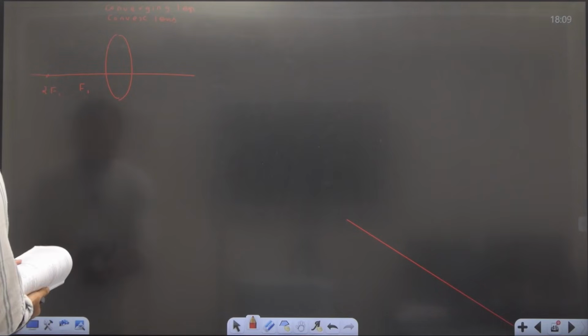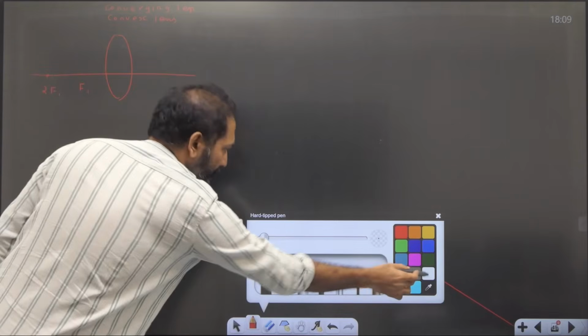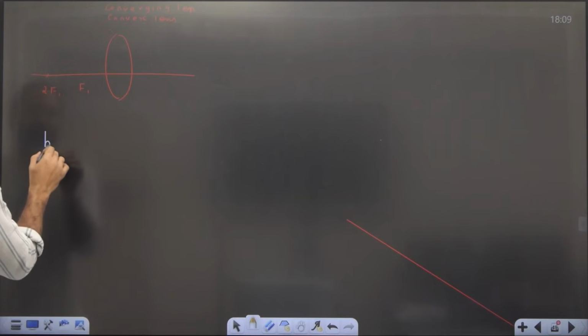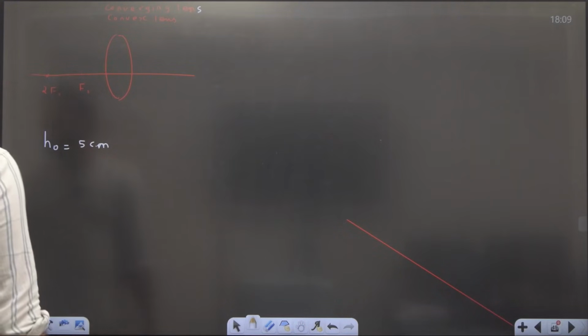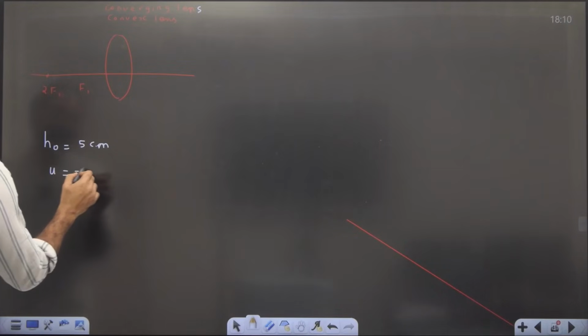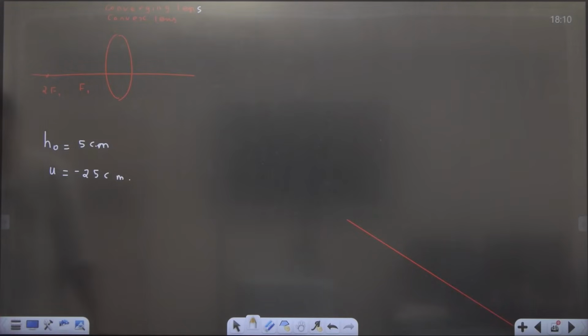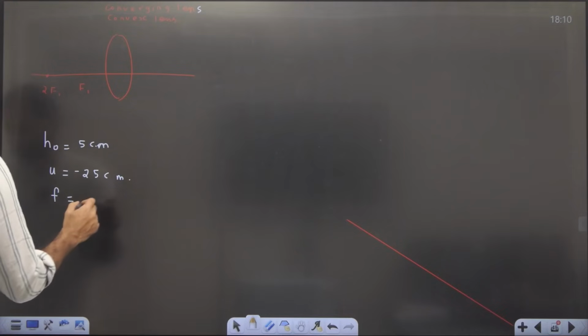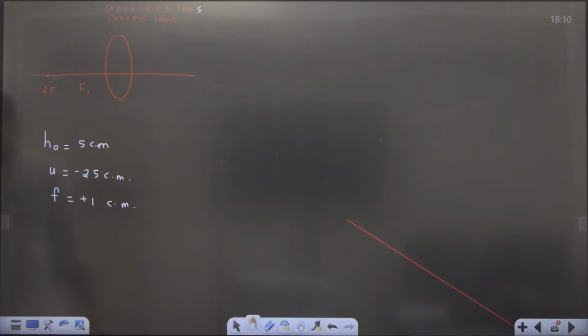So the height of the object is 5 centimeter. The object distance is minus 25 centimeter. The convex lens focal length is positive, so plus 10 centimeter. Remember, convex lens focal length is positive.